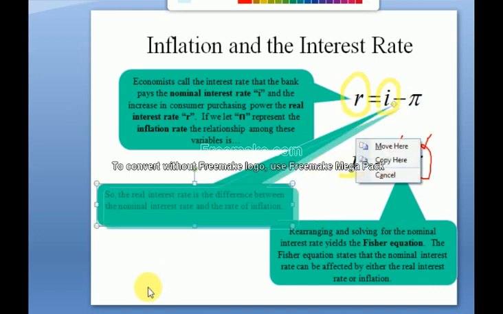So the real rate is the interest rate that takes inflation into account. This means it adjusts for inflation and gives the real rate of the bond or loan. Being investors, we will check the real interest rate.